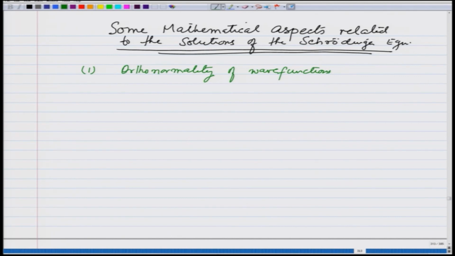Let me explain. Normality is a property that we enforce. Ortho means perpendicular. So, first I am going to talk about the ortho behavior, the perpendicular behavior of two wave functions. What we mean by that is, if there is a wave function psi m x, and I am going to restrict myself to one dimension. The idea is to give you the concepts.